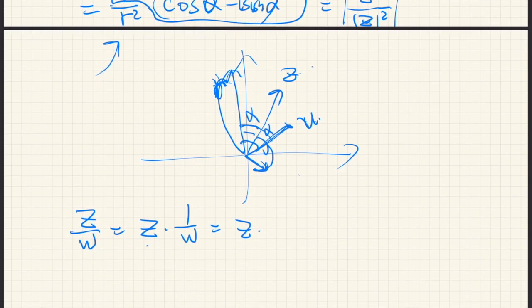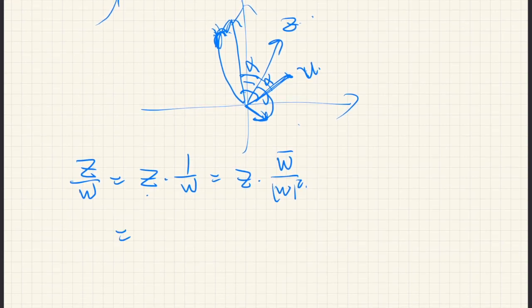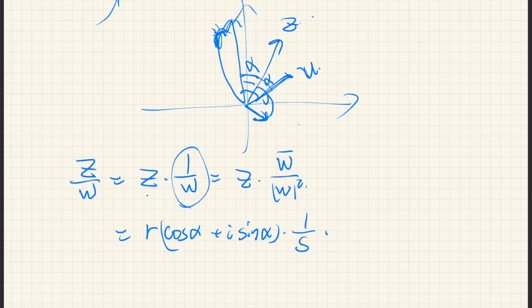In terms of polar coordinates, we have r times cosine alpha plus I sine alpha, and for this one, that is 1 over s times cosine beta minus I sine beta.